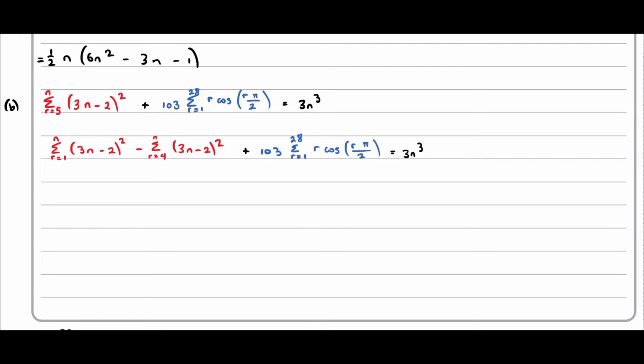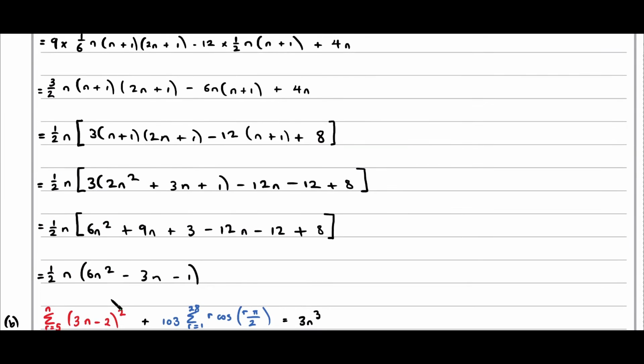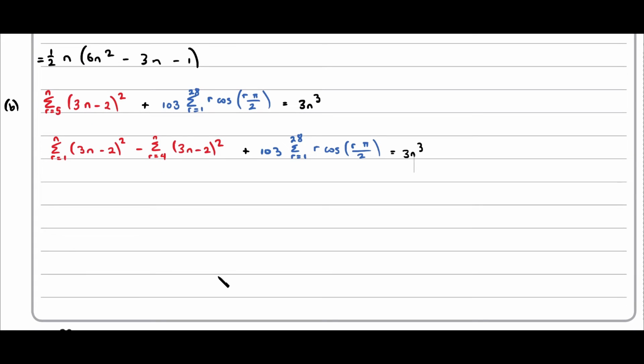So we know the sum from r equals 1 to n of (3r minus 2) all squared. We literally just worked that out. We found that to be a half n lots of 6n squared minus 3n minus 1.